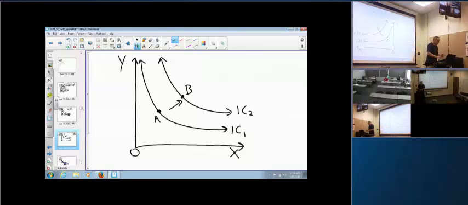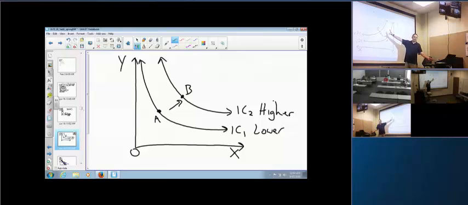What we say is that indifference curve 2 here gives you a higher level of utility than indifference curve 1. It's both higher physically on the graph, but it's also a higher level of utility. We'll call that U bar.